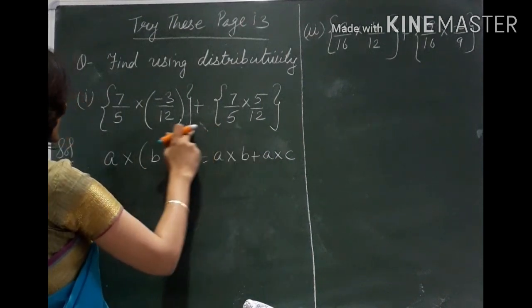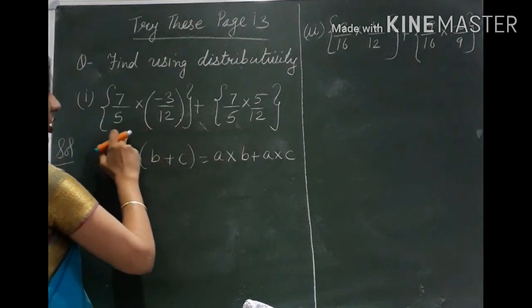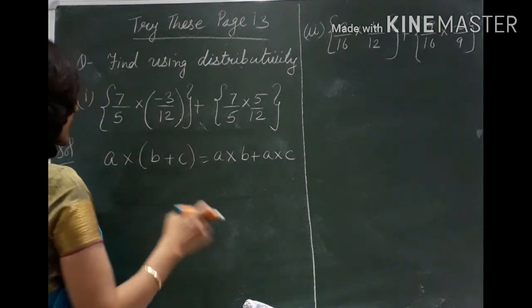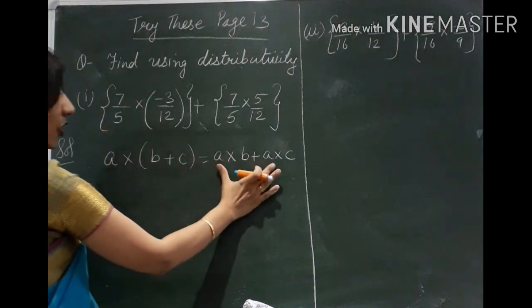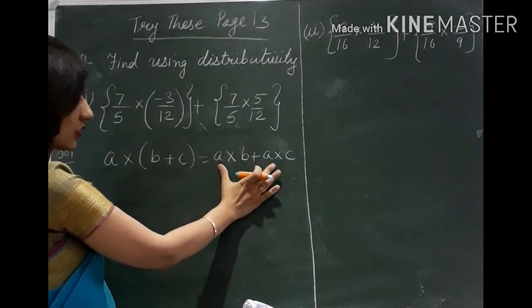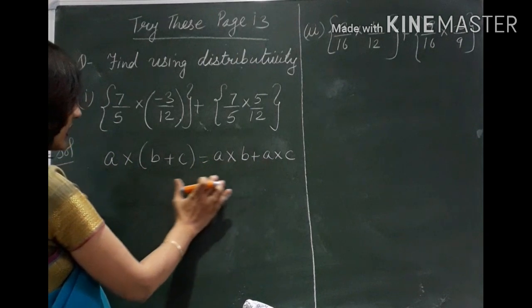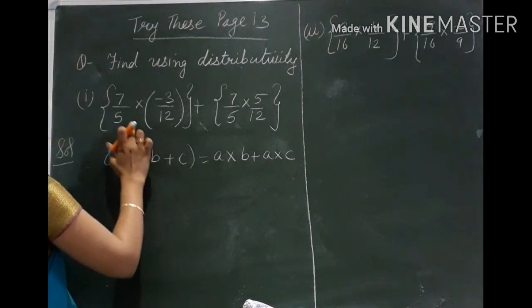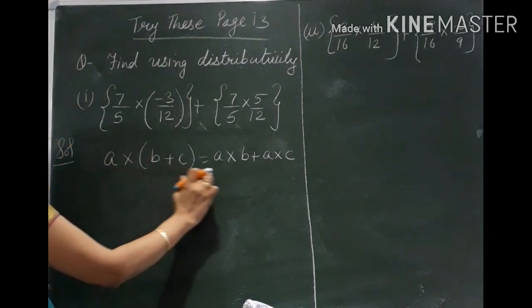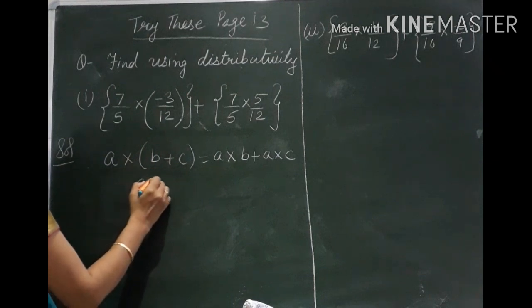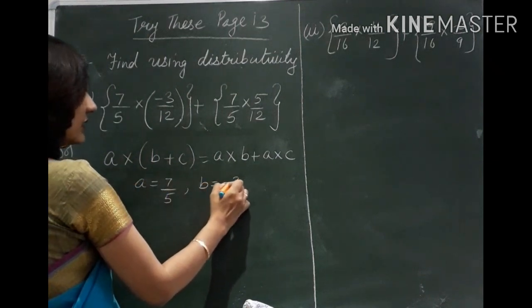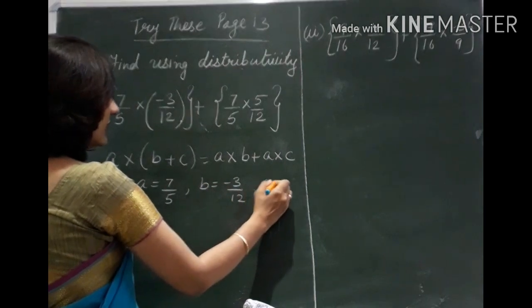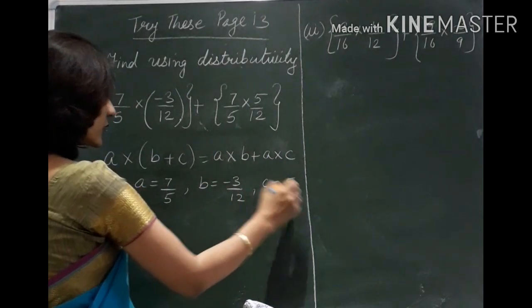So we have to think out of these which number is common, means which number is repeated. So here you can see 7 by 5 is repeated. This form of the property is given, distributive property, this side is given, we have to reach this side. So this you can write as using this property. In place of A I have 7 by 5, in place of B I have minus 3 by 12, and in place of C I have 5 by 12.